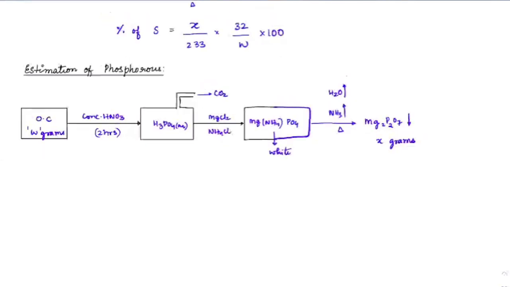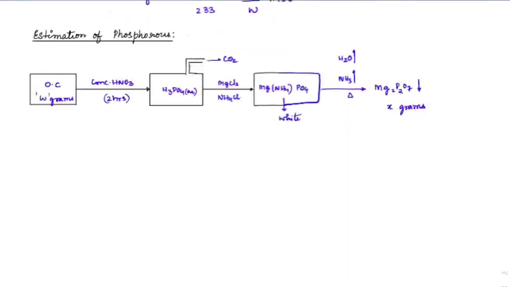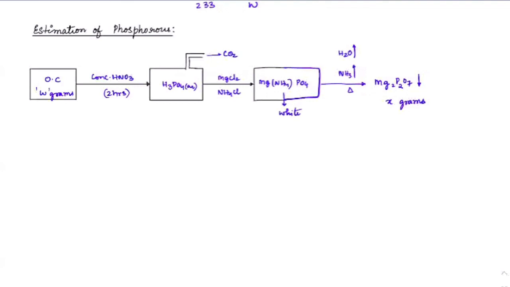Now using this information with respect to W, we can again get the same formula: percentage of phosphorus in the organic compound will be equal to X divided by molar mass, which is 222, multiplied by 62, the molar mass of 2 phosphorus, because it has 2 phosphorus.